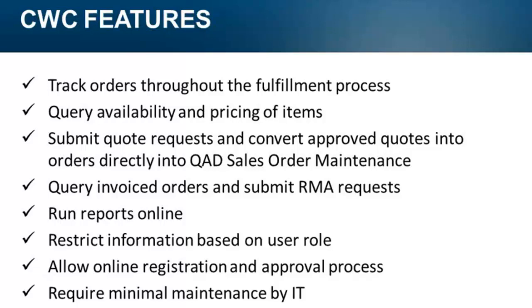You can also submit quote requests, and you can convert those approved quotes into an order directly into QAD through CWC. You can certainly look up invoiced orders, you can reprint invoices, you can submit RMA requests, you can run reports online, and we also allow online registration and approval process, and we'll go through that.